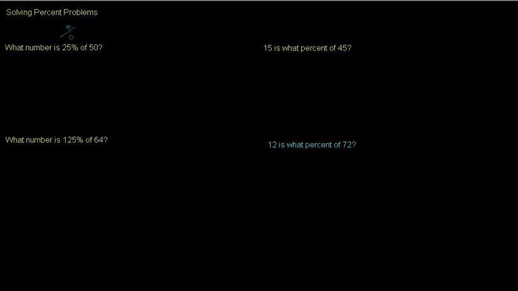This is the whole, the whole part, the whole thing. It says 25% of this. This is the whole, like the whole class, the whole box, whatever we're talking about. This is everything whenever it says "of" something. Now our answer, this part, that's going to be the part.